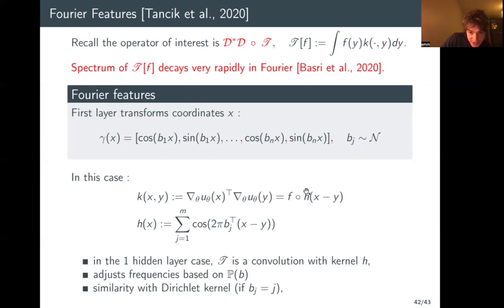And we're going to have this h here, which is actually going to be, okay, there's a mistake here. There shouldn't be a y, but h of x, which corresponds essentially to a Dirichlet kernel. So this is going to be like this sine of t divided by t.